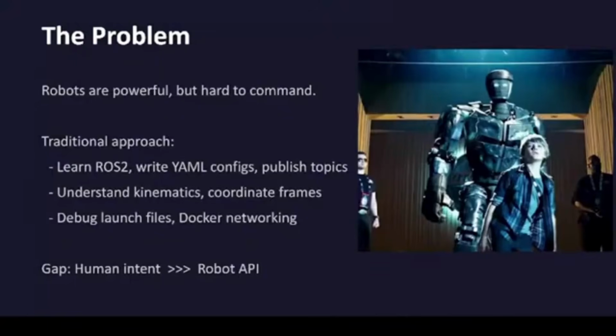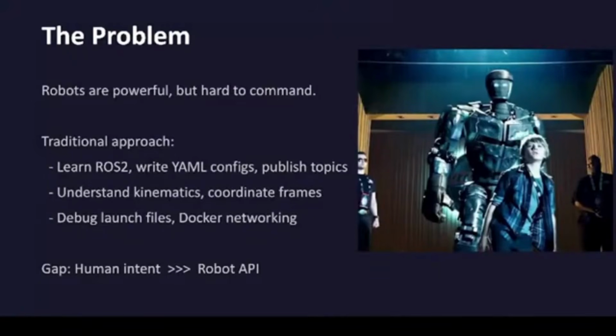Because first of all, it's too complex. So what is the traditional path to achieve all of these things? That's learning the Robot Operating System, understanding concepts like nodes, topics, and services.